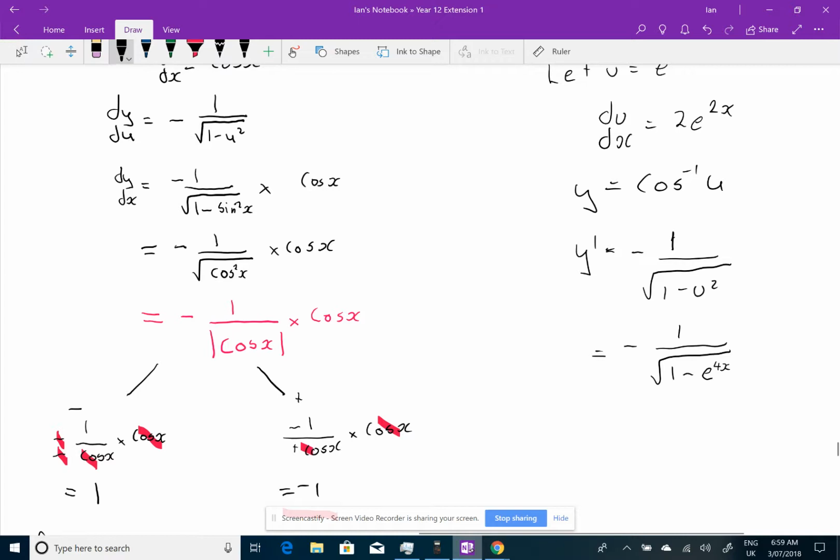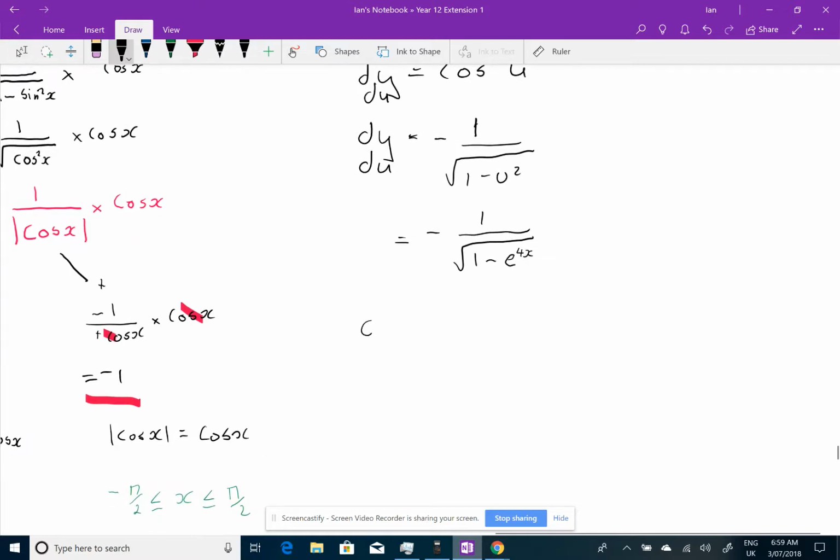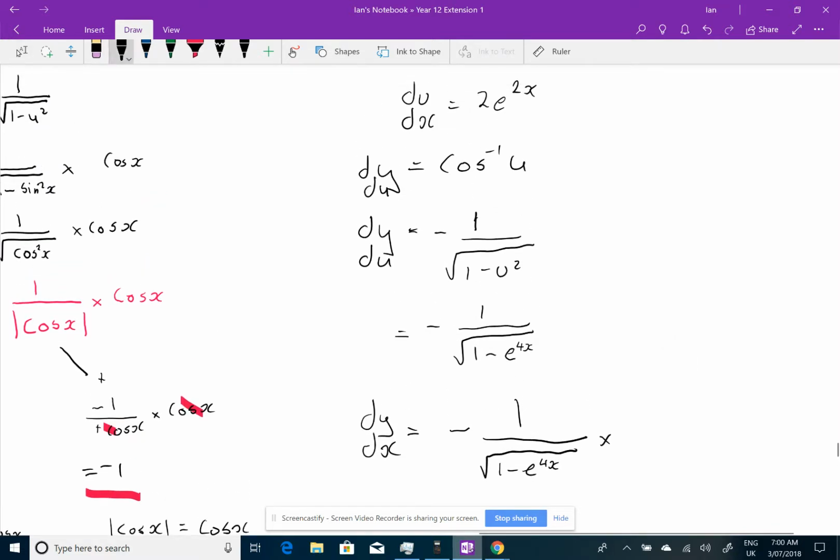And that's dy du, sorry. But what we want is dy dx. So dy dx equals dy du, minus 1 on the square root of 1 minus e to the 4x, times du dx, which is 2e to the 2x.